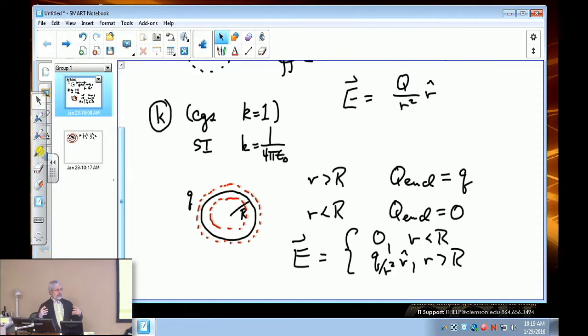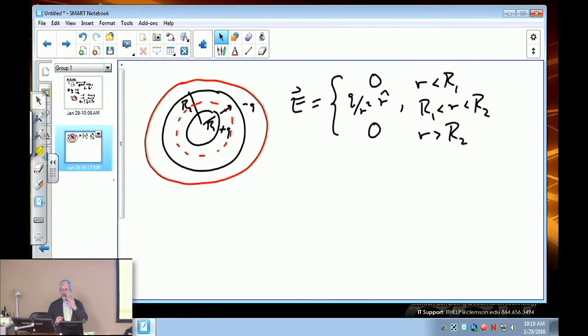And so you could take those two and superimpose those fields and get this. You get a superposition outside of the two electric fields, one pointing inward, one pointing outward. They cancel out. And so you could understand why the electric field is zero outside.